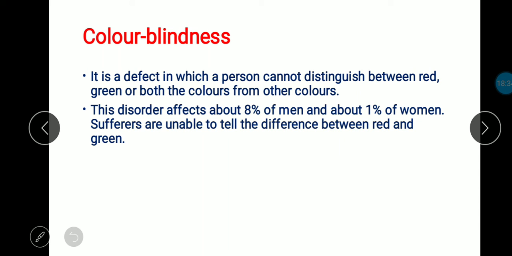This disorder affects about 8% of men and about 1% of women. The sufferers are unable to tell the difference between red and green. This disease, color blindness, shows a zigzag or crisscross inheritance.